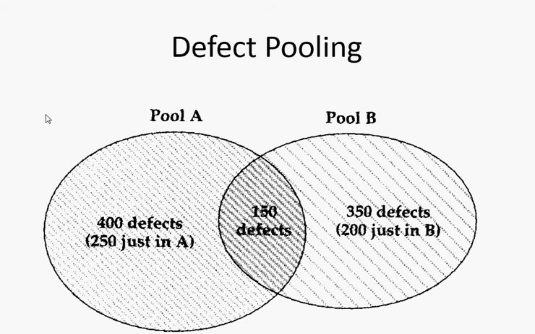By contrast, ladies and gentlemen, if the 400 had a huge overlap with the 350, say all of the 350 were part of the 400, then we would estimate there's going to be a total of 350. If every single one of those 350 found by Team B were already part of the 400, then we'd estimate we've gotten all of the defects, all 400 of them.